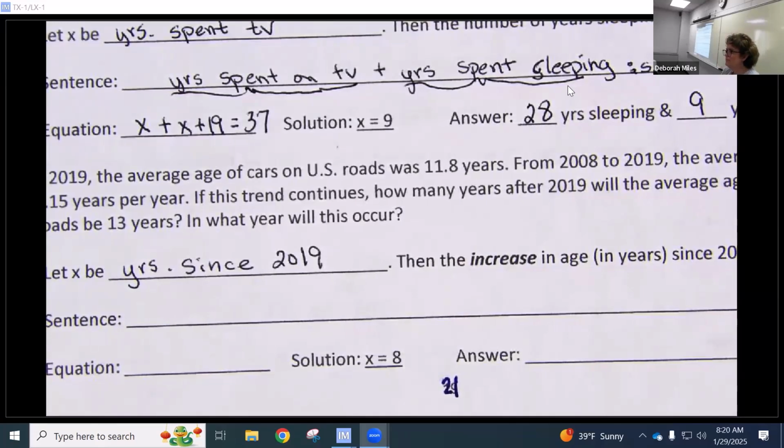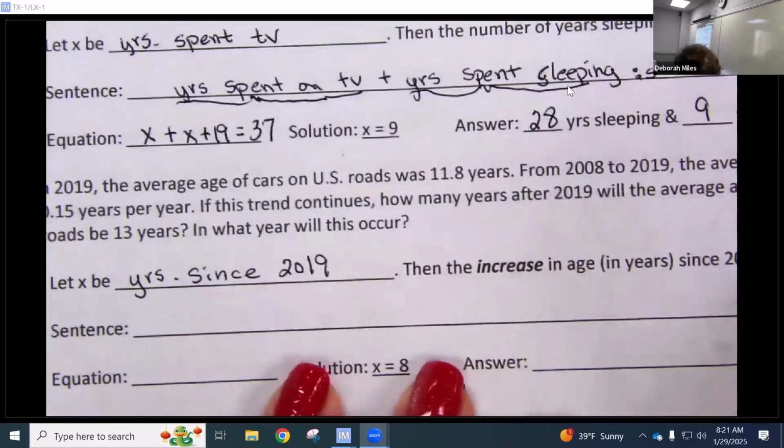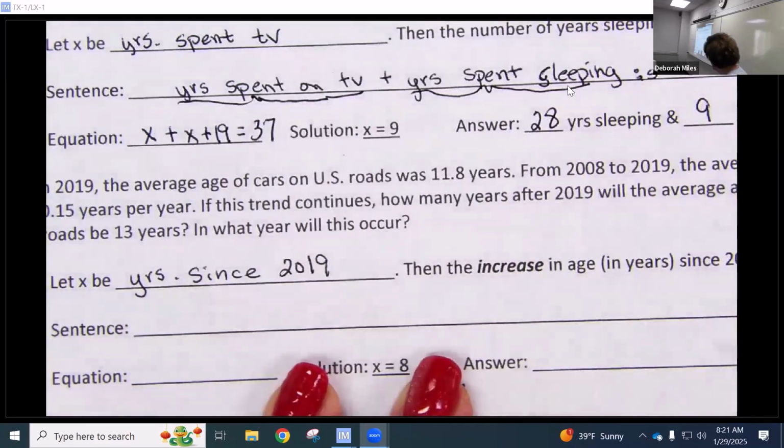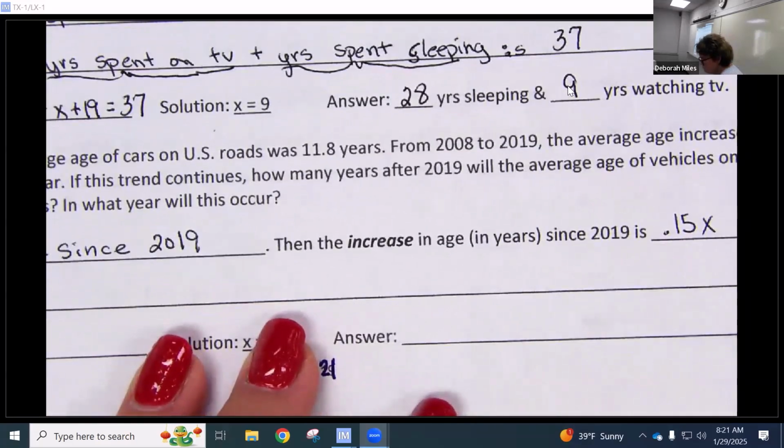So how do I say 0.15 per year? Does that make sense? And another thing I do that really helps me is say, let's say I thought it was X plus 15. Then in 2019, would the increase be 0.15 plus X or 0.15 times X? That's 0.15 per year is 0.15 times the years.